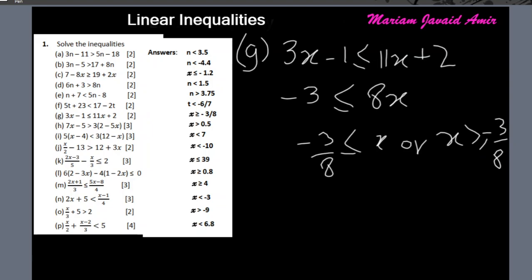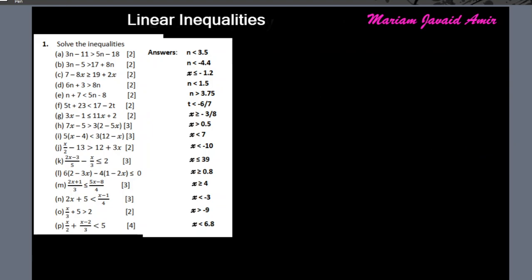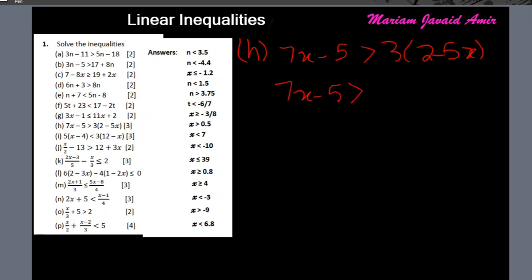Next up is part H. So 7x minus 5 greater than 3 times (2 minus 5x). So this becomes 7x minus 5 greater than 6 minus 15x, which becomes 7 plus 15 is 22, and 6 plus 5 is 11.